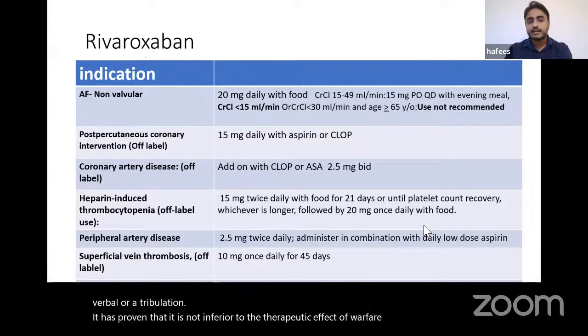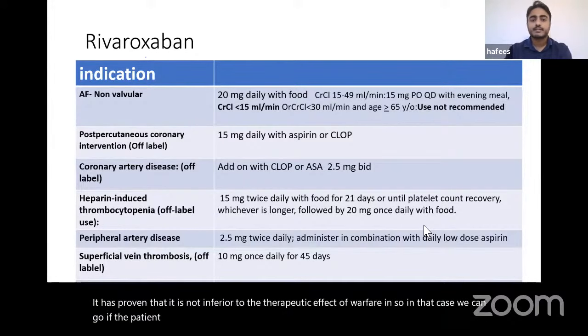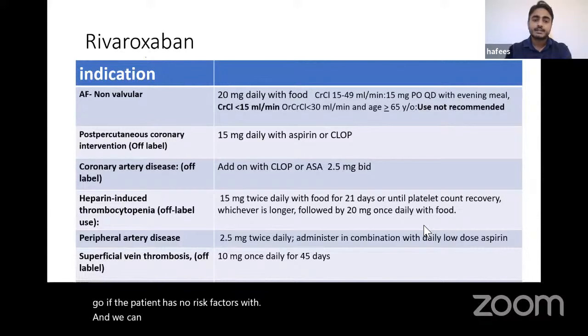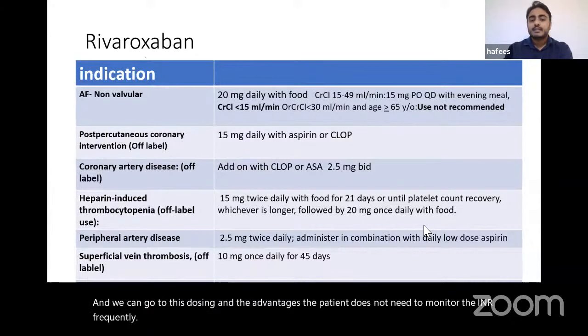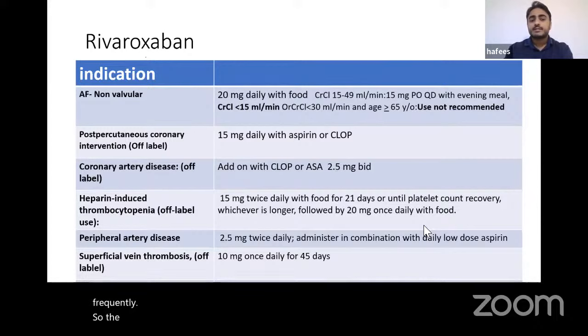So in that case, if the patient has no risk factors, we can go with rivaroxaban at this dosing. The advantage is the patient does not need to monitor the INR frequently. So the dose for this case is 20 milligram daily with food.